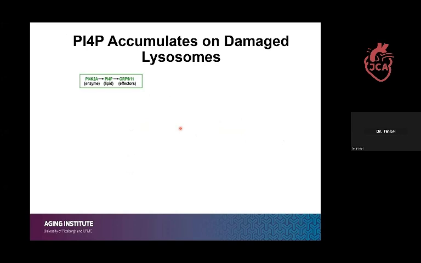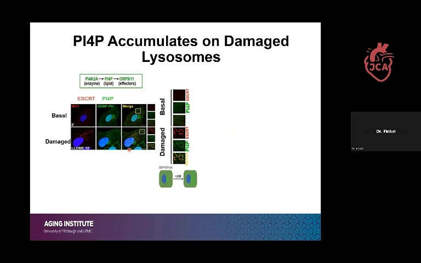So again, if this is true, this predicts that we should see PI4P on the surface of damaged lysosomes. And so that's the first thing that Jay did. I won't go through all the details because this gets a little bit involved in lipid kinase signaling. But there are some very nice tools to look at intracellular phospholipids, phosphoinositides in cells.